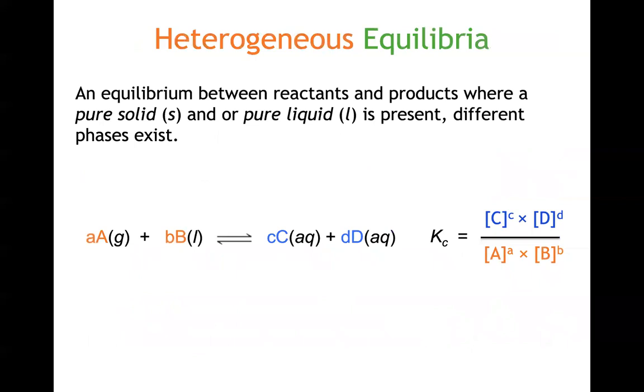All right, what if we have an equilibrium where we have different phases: gases, liquids, aqueous solutions, or maybe even pure solids? Well, anytime we have a reaction that has pure solids and pure liquids, their concentration in a given reaction doesn't really change.